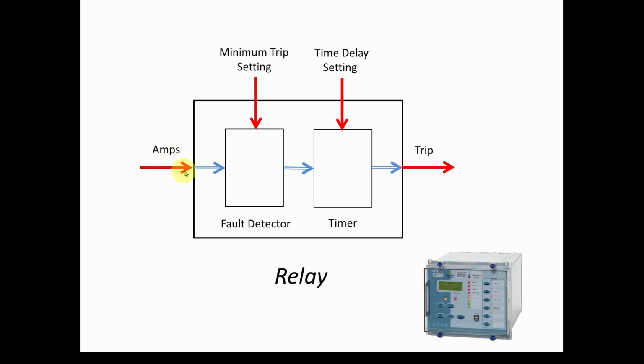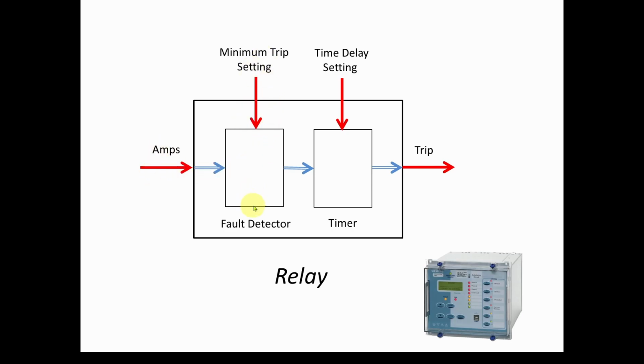It will monitor the current coming in, and say, well, that current, is it okay or is it too much current? And if it's too much current, that implies something's going on in that circuit and you need to do something, because it could cause a fire, it could cause other problems. So it's really important what the relay does. It says, is that current good or is it bad?